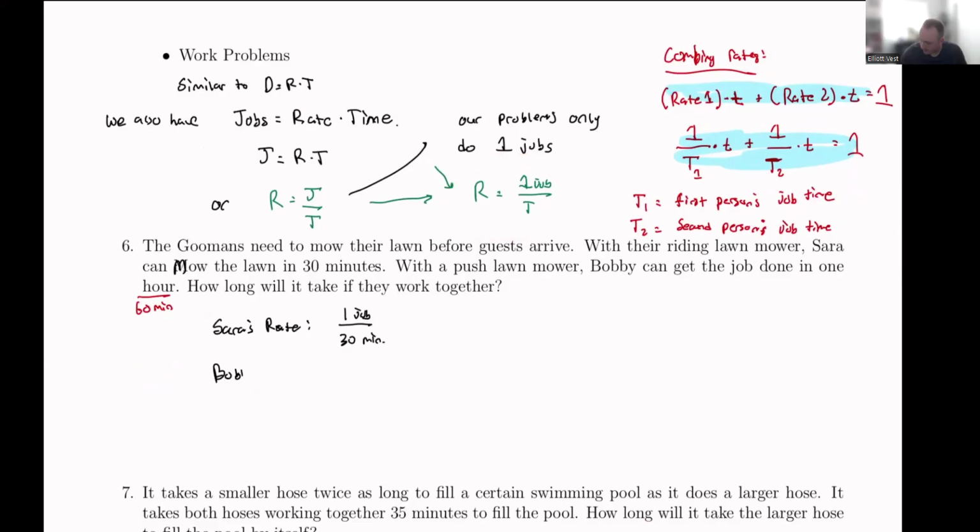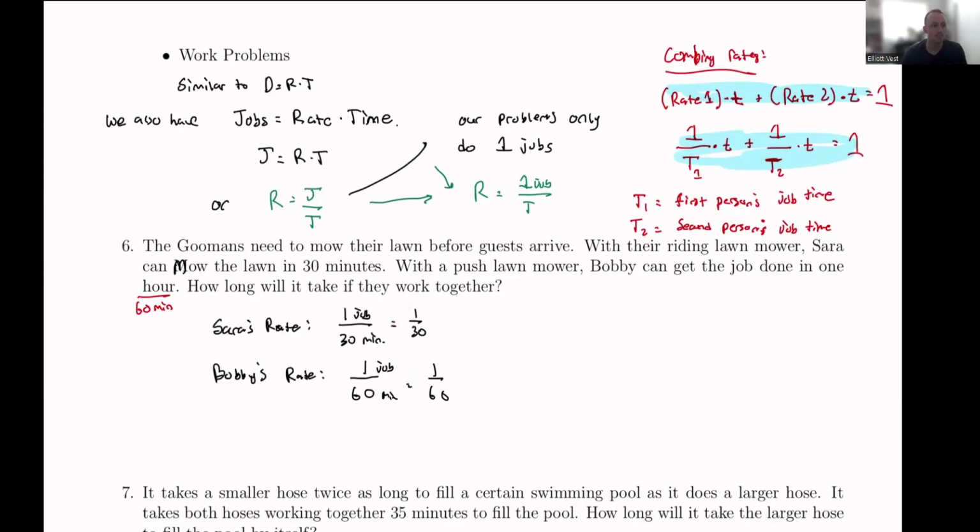Bobby's rate is doing one job in 60 minutes, in an hour, right? So this becomes 1 over 30. This is one job in 60 minutes, or 1 in 60, right? In 1 minute, it takes a 60th of the job. In 1 minute, they get it done a 30th of the job.